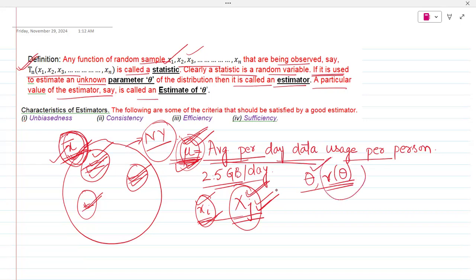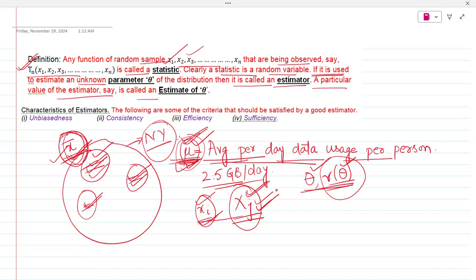Although this notation gamma bracket theta has a further meaning, this theta is coming from the parameter space. But those things are beyond the scope of the present lecture. So these are the generic symbols to denote the parameter.